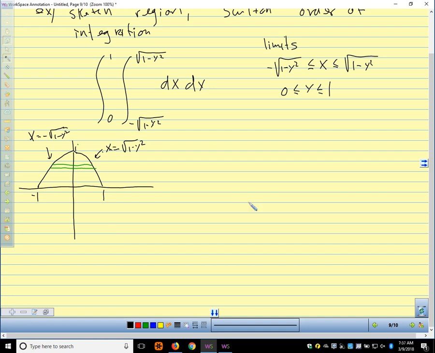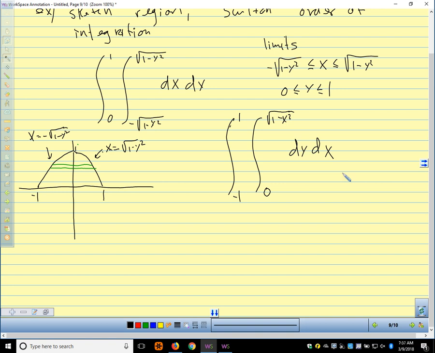So we switch the order. X goes from negative 1 to 1. Y goes from 0 to the square root of 1 minus x squared, dy dx. Notice we didn't just turn things around. We had to rewrite our limits of integration.